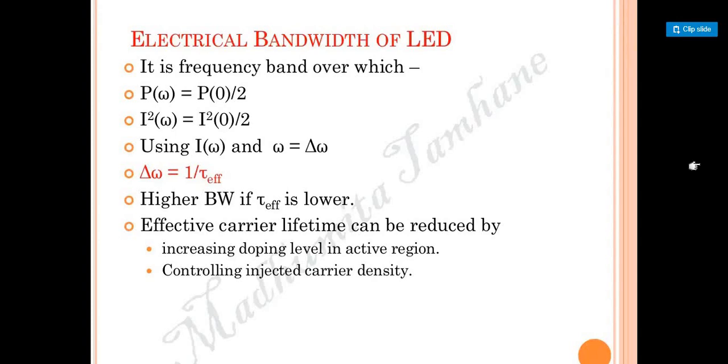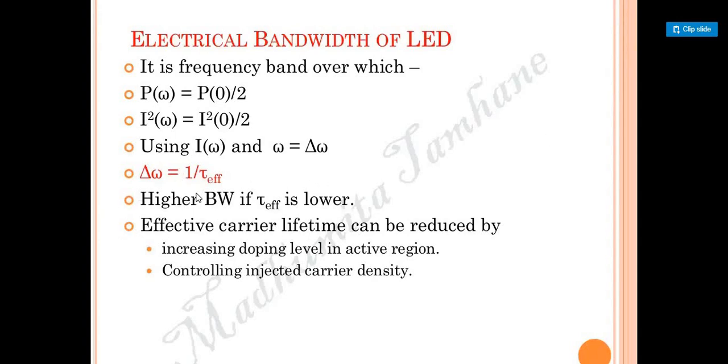Next, the electrical bandwidth of the LED. How do you obtain it? It is the frequency band over which P of omega equals P of 0 by 2. If you write I squared of omega, it equals I squared of 0 by 2. Using these two parameters, we substitute I of omega, and omega equals delta omega.